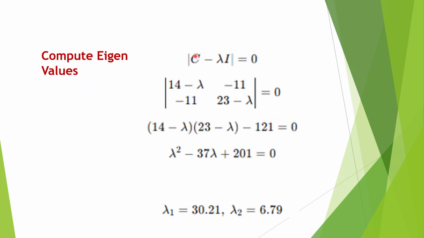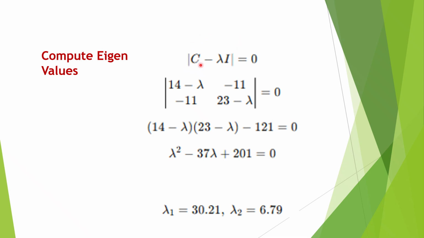After finding the covariance matrix C, now we'll find the eigenvalues. The formula is determinant of C minus lambda I equals 0, where C is the covariance matrix, lambda is the eigenvalue and I is the identity matrix.